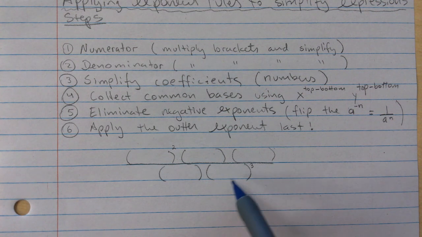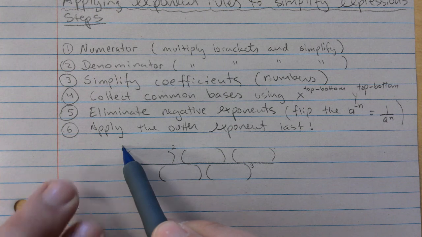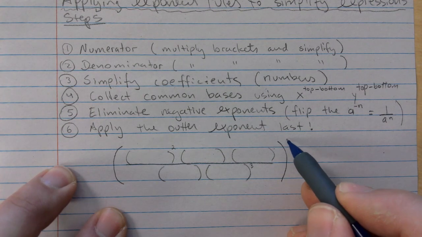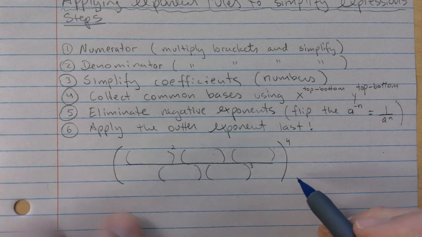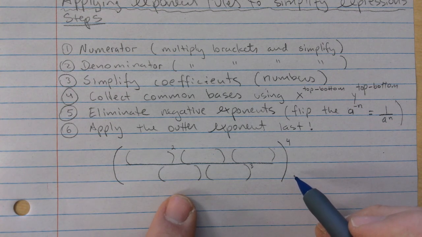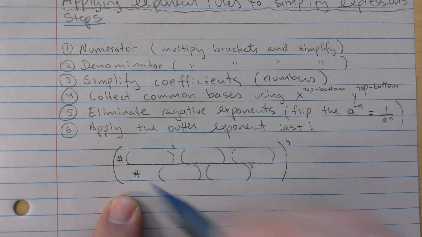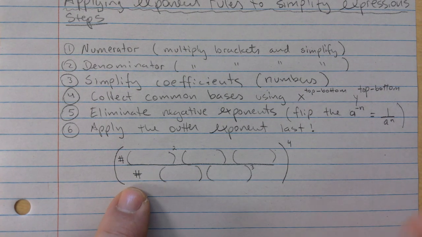So you have to make sure you take care of that small bracket first, of course. And then on top of that you have like an exponent out here, for example, right? And you might have a number in front and another number in front here. It may be positive or negative, it doesn't matter.